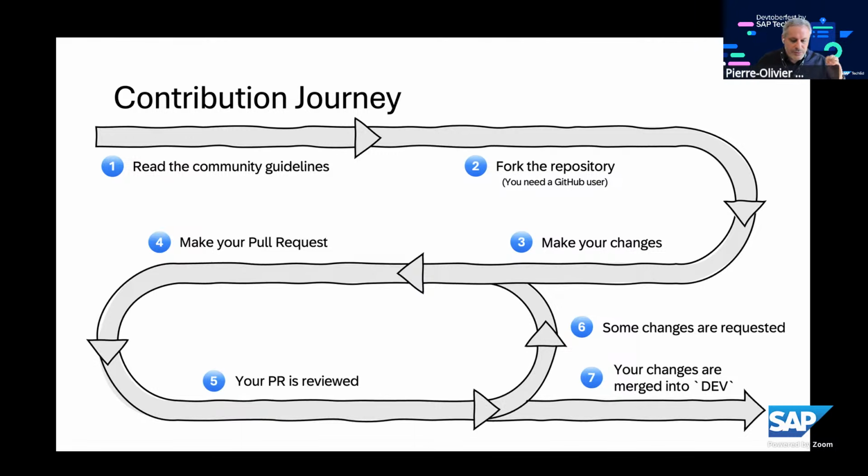Once you're done, you create your pull request, you submit it. And then your PR is reviewed. Once it's reviewed, there will probably be a few iterations before it's validated. And then once it's validated, what you just submitted will be merged in our dev branch.